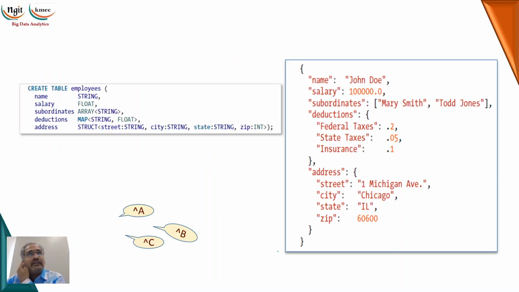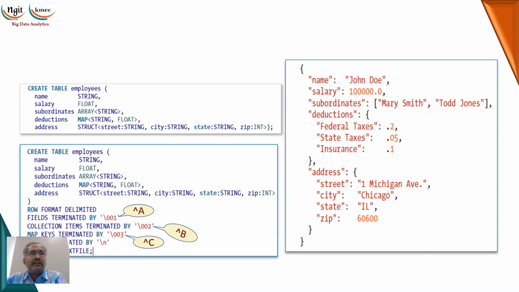Okay, now how can we create the table for complex data? If you have some different kinds of complex data types involved, then we can create the table in this way. So see here, create employee name string, salary float, subordinates array, and deductions map of string float, and address is struct of street, city, state, zip.